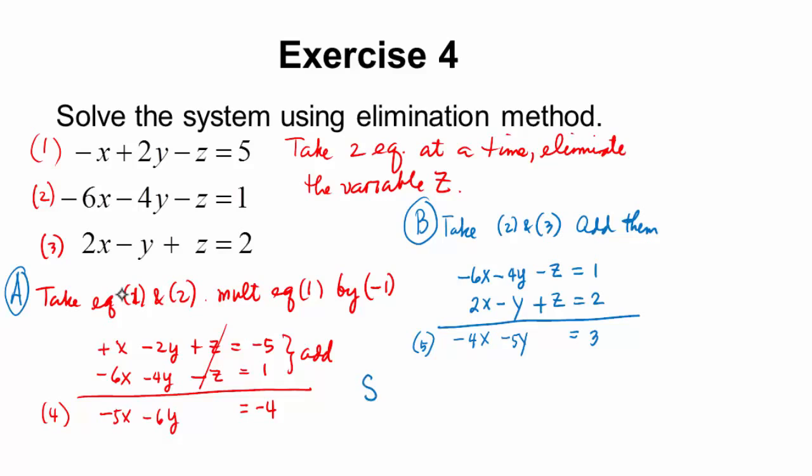So the next thing we do is solve the following. You have negative 5x minus 6y is equal to negative 4, and then you have negative 4x minus 5y equal to 3. Okay, we're going to solve.